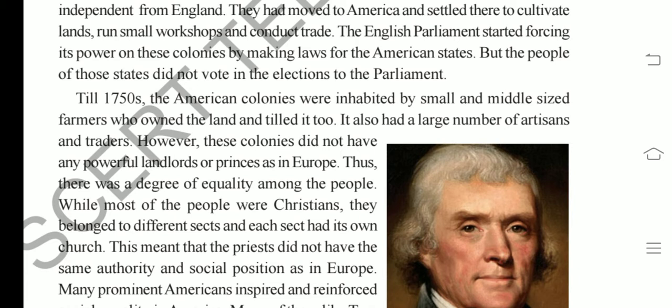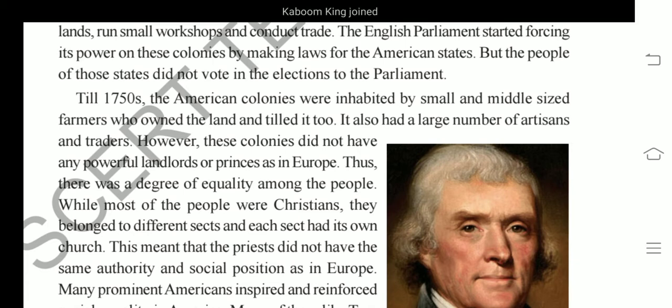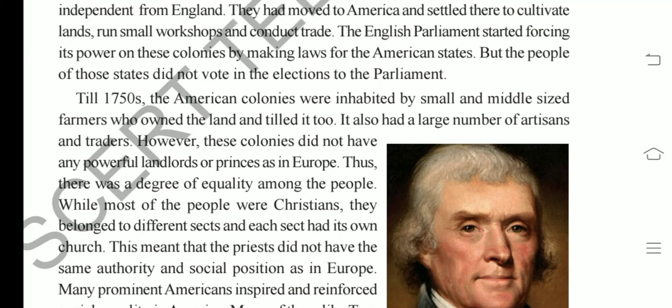And a large number of artisans and traders also settled there. American colonies were inhabited by small and middle-sized farmers who had some land. Some artisans and traders also settled there.